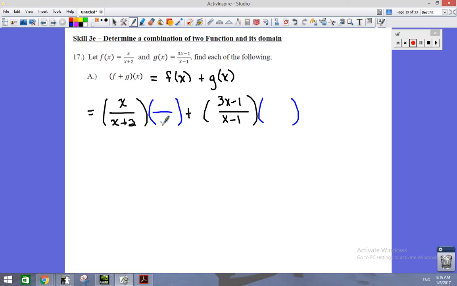And I look over here, I see an x plus 2, and boy, I wish that right next to it in the denominator was an x minus 1. So I'm going to put x minus 1, and I need the numerator and denominator to be the same, so I'm not changing the value of this first term when I multiply it by 1.